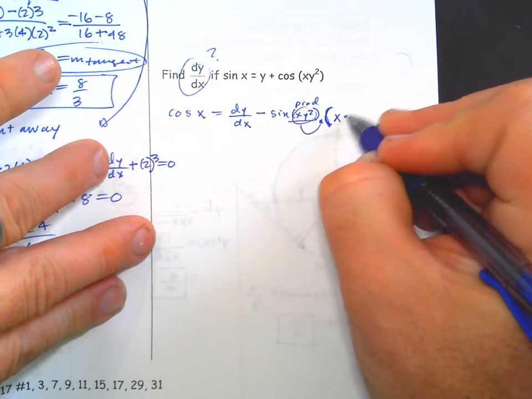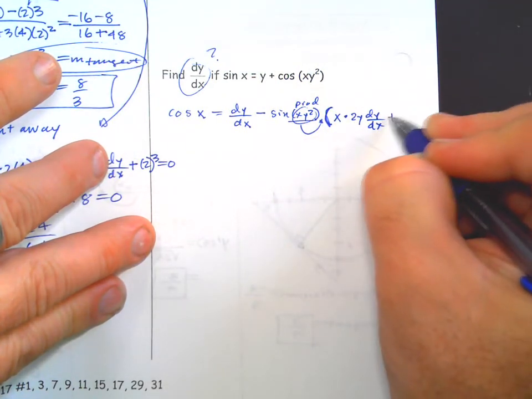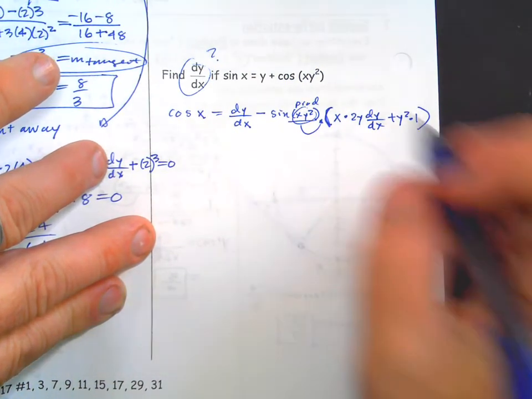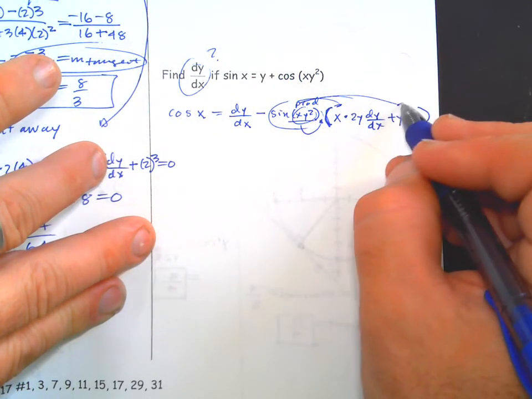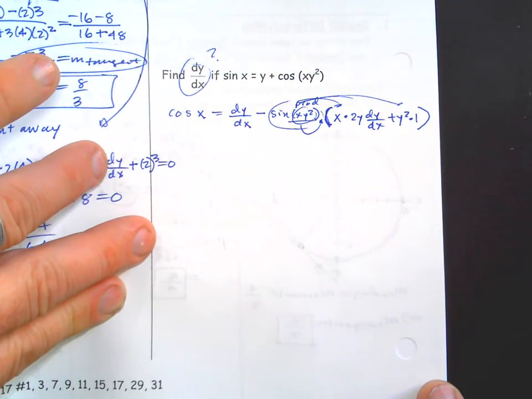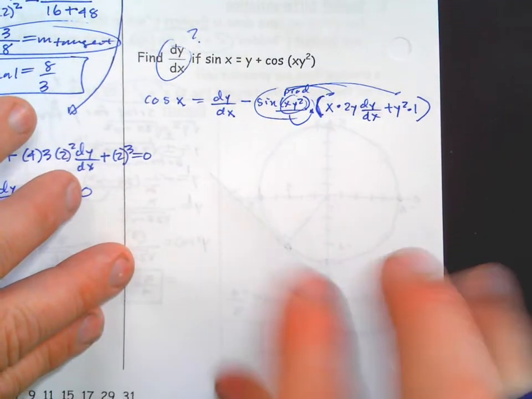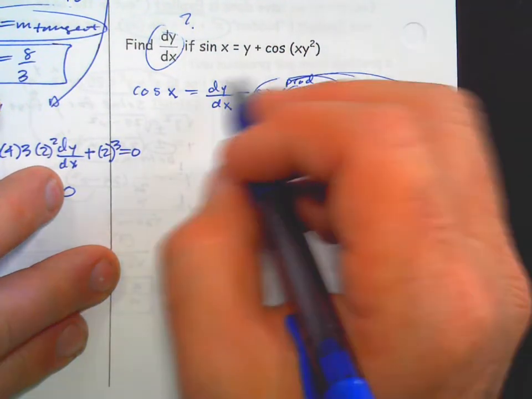X times derivative of y is 2y dy dx plus y squared times derivative of x is 1. And all this has to get distributed to both of those terms. And if you don't put parentheses around it, you're probably not going to do that. And even if you do, then that's even kind of more weird. Okay, so now we want to get dy dx by itself.